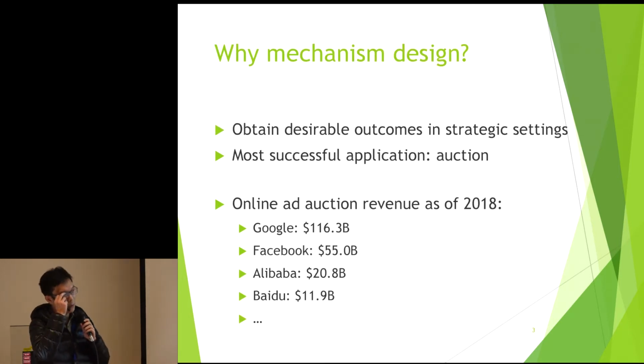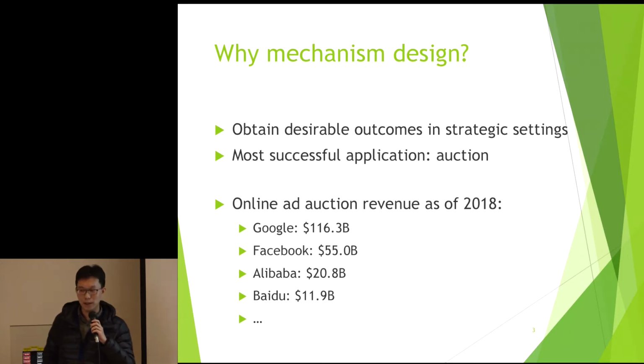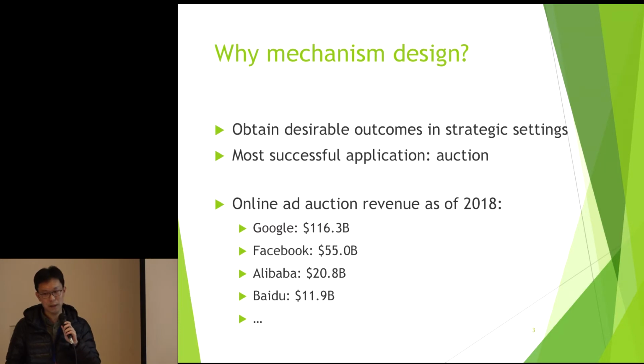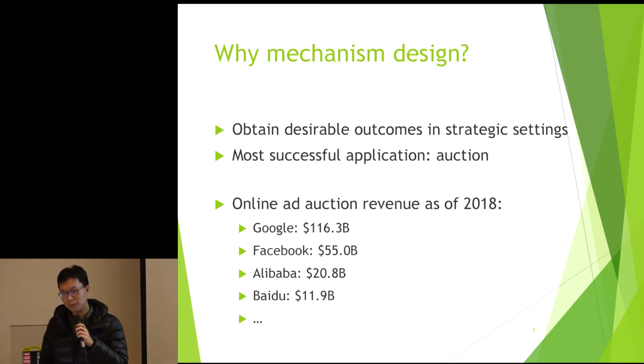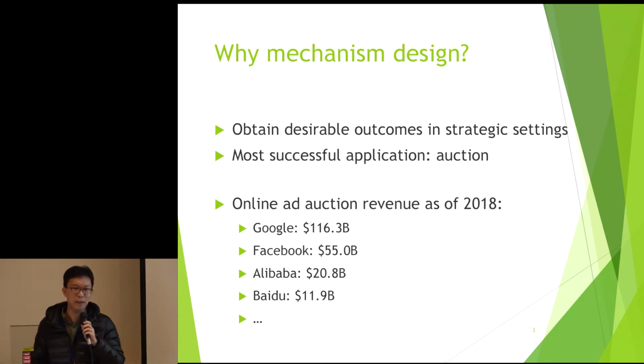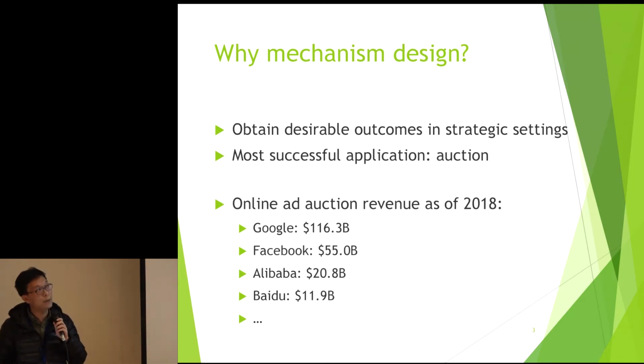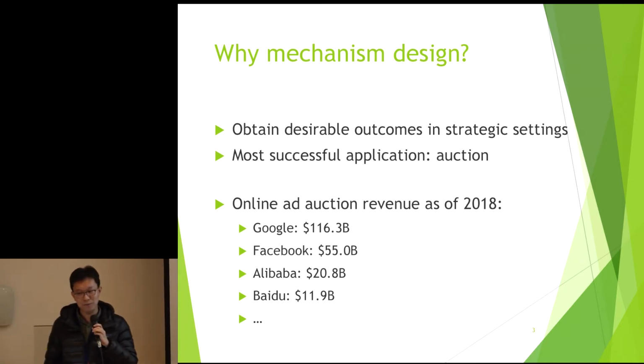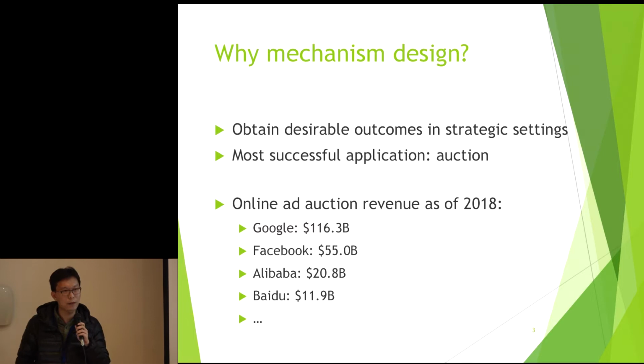Why do I study AI-driven mechanism design? To answer this question, first we need to know why we need to study mechanism design. Mechanism design can help us get desirable outcomes even in settings where all the agents are strategic or self-interested. And the most successful application of mechanism design is auction.